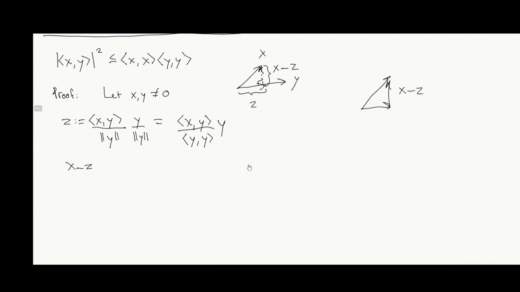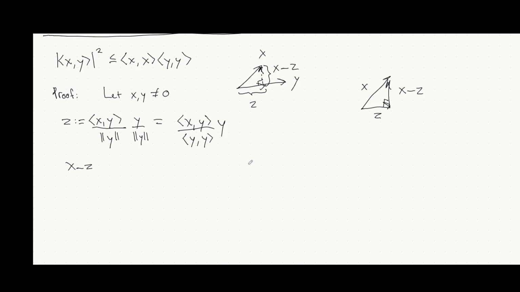Sorry, this is z. We can then use the Pythagorean theorem for this triangle, where we decompose x into the component parallel to y and the component perpendicular to y to get all of x. And we'll use the Pythagorean theorem to prove the Cauchy-Schwarz inequality.